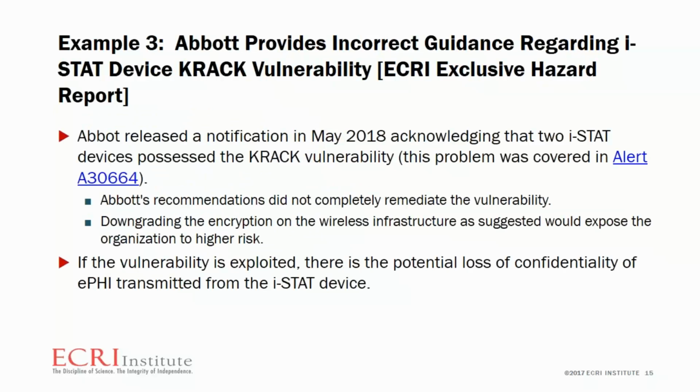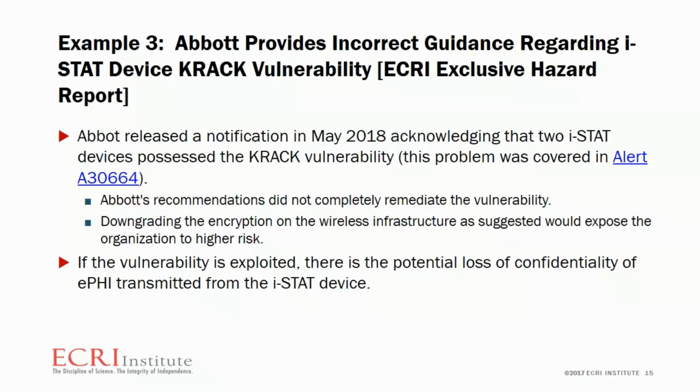On our third example, we covered a notification from Abbott in terms of their i-STAT, a blood analyzer, it's a handheld analyzer, which Abbott notified their customers in May 2018 that that device contained the widely publicized KRACK vulnerability.